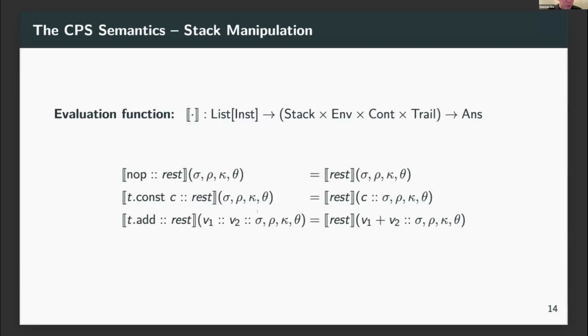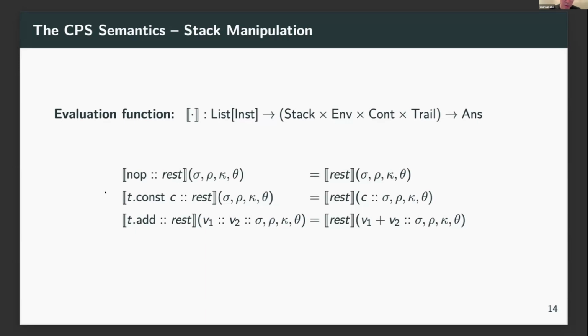And next group, we have several instructions to manipulate the stack. The no-op instruction is really doing nothing to the stack, which is to recursively call the semantic function on the rest of the instructions, right?